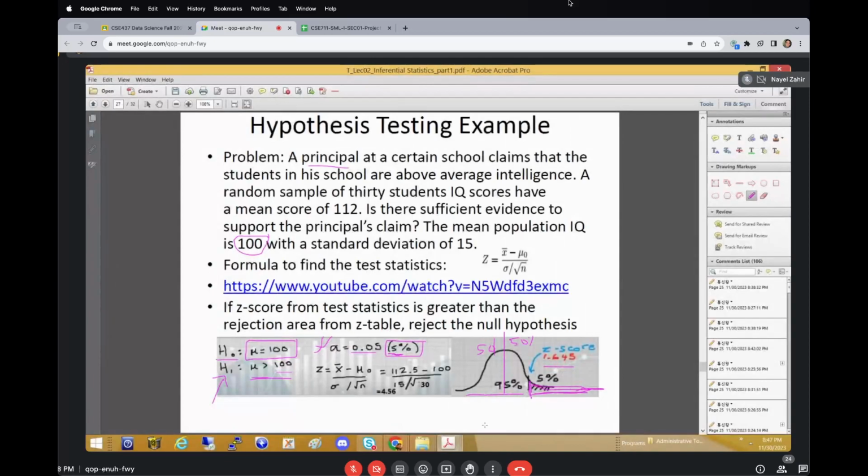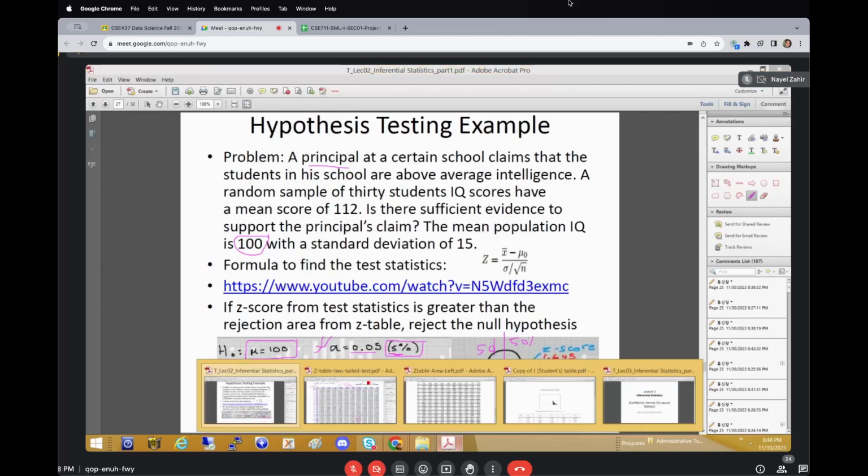From the 95%, it means 0.950. Now we have to use the Z table, but this time not the two-sided table; we have to apply the one-tailed.